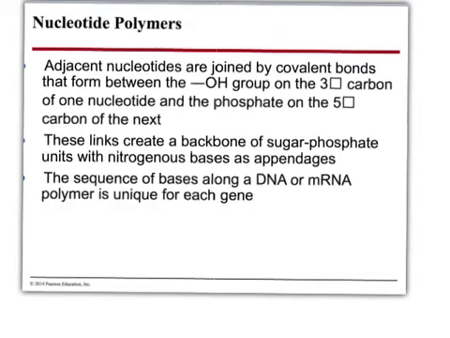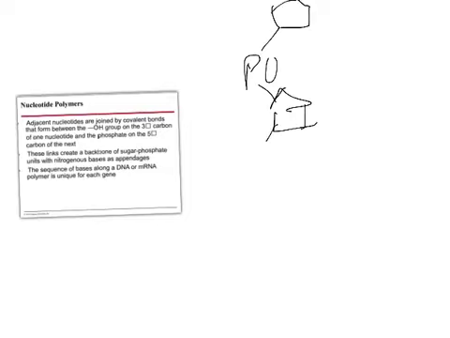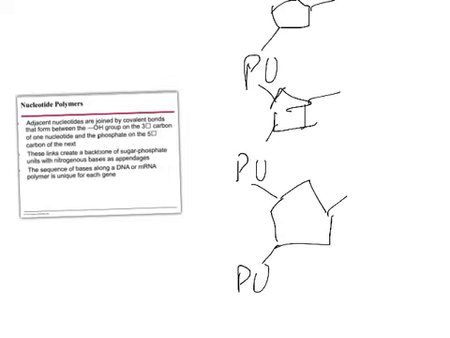So it looks like this. Here's a sugar, phosphate, to another sugar, phosphate, and this is a chicken scratch drawing, but you get the idea, right? And all of the nitrogenous bases will be orientated to one side, away from the sugar phosphate backbone. Okay?